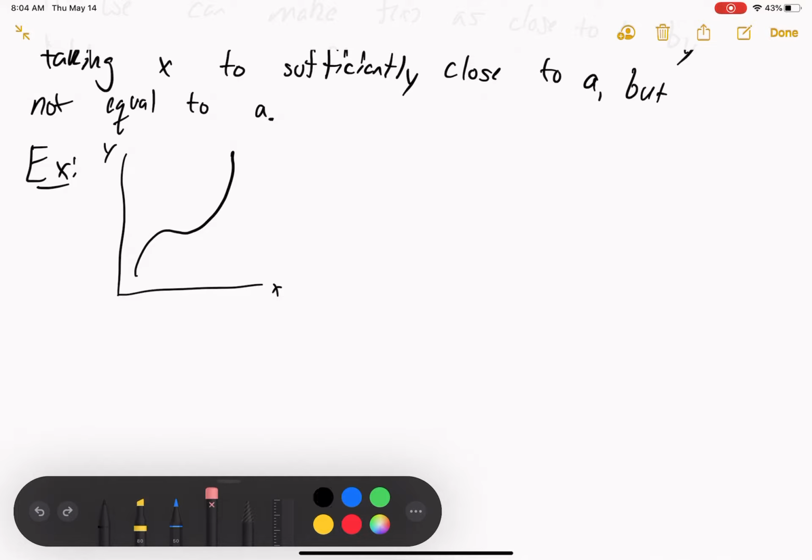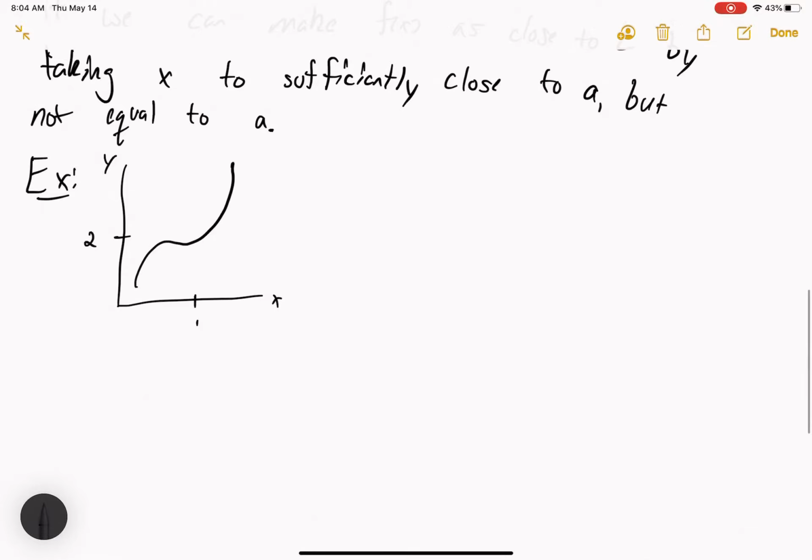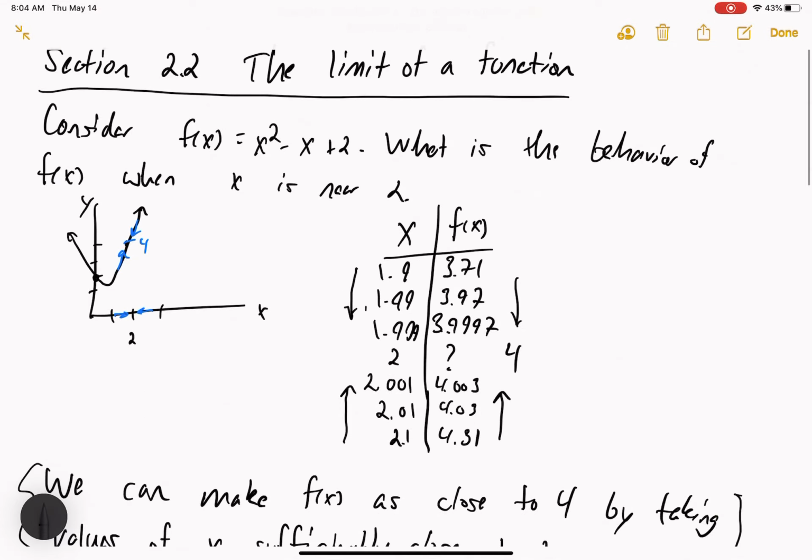Alright. So let's call this point 1. Let's call it 2. And that curve is just going to be f of x. So this point right here is f of 1. It's easy to see here, based on what we did earlier, that as x approached 2, the function approached a certain value, in this case 4.